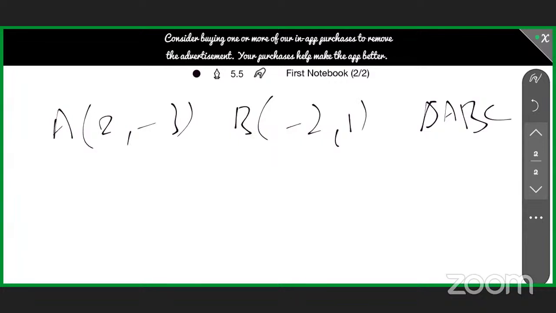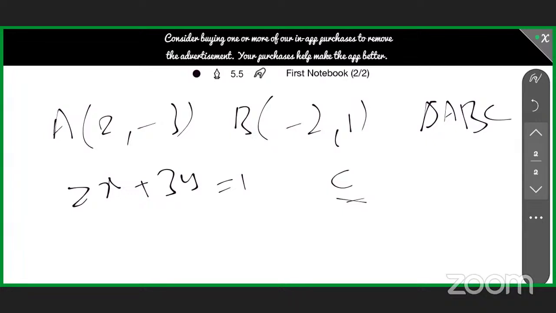The centroid of the triangle moves on the line 2x + 3y = 1. My centroid is a variable centroid moving on this line. Find the locus of the vertex C. Find the locus of the vertex C.